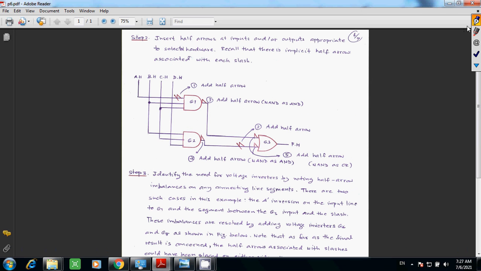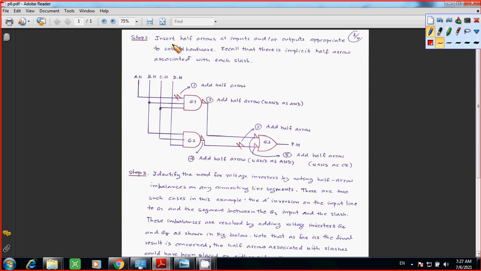For the second step, insert half arrows at inputs and or outputs appropriate to selected hardware. Recall that there is the implicit half arrow associated with each slash.